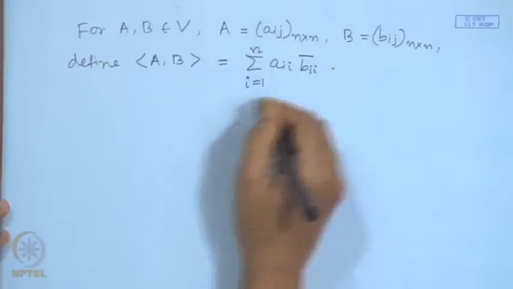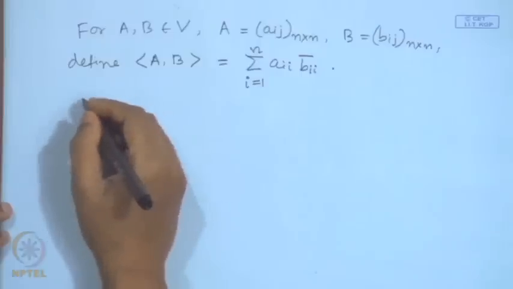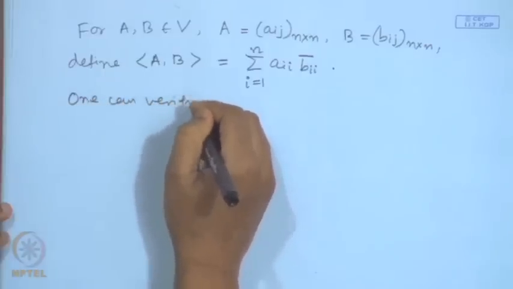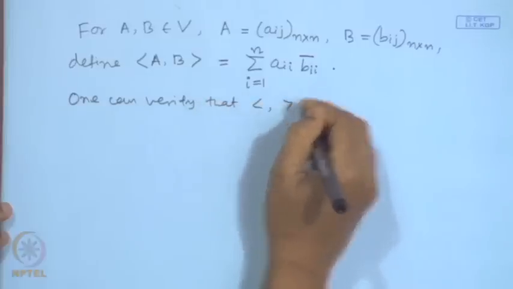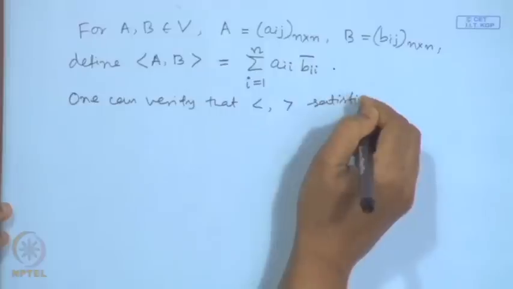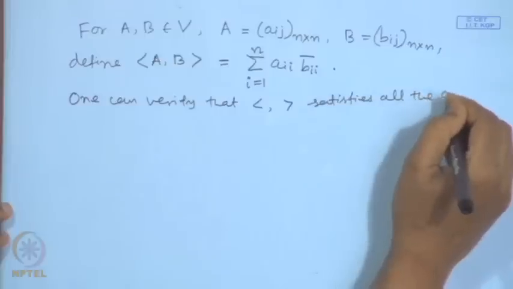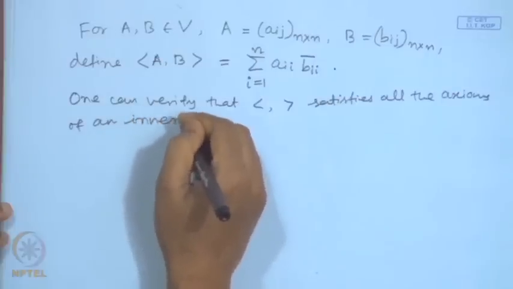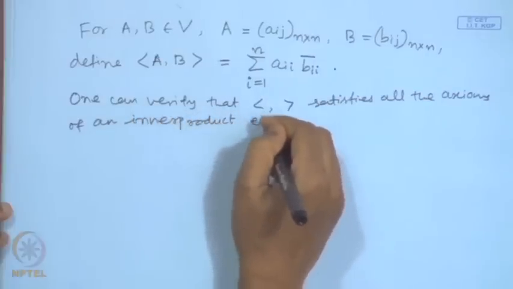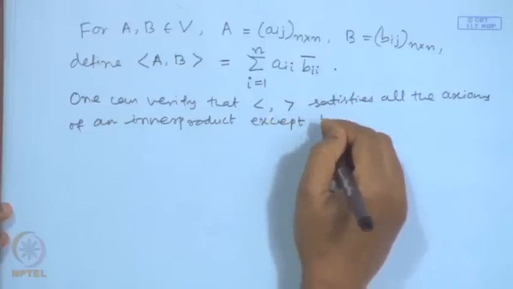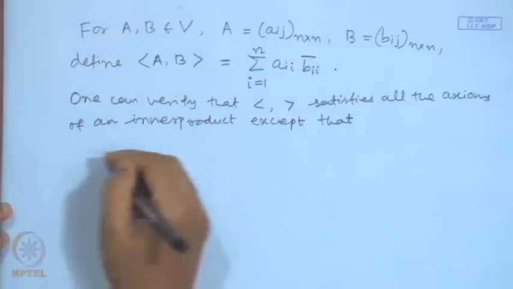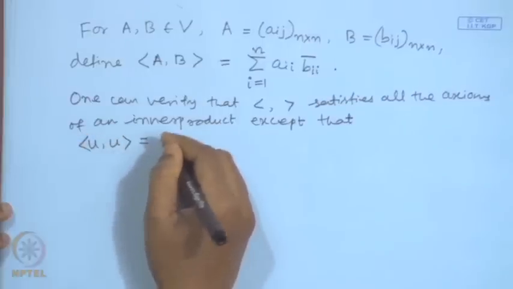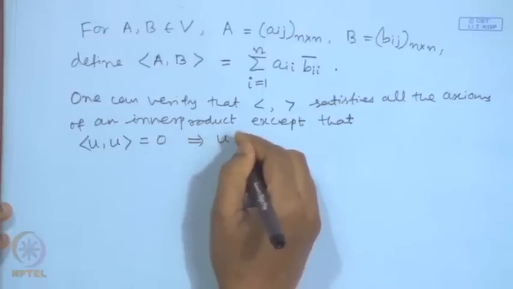One can verify that this mapping satisfies all the axioms of an inner product except that inner product of u with itself equal to 0 implies u equal to 0.